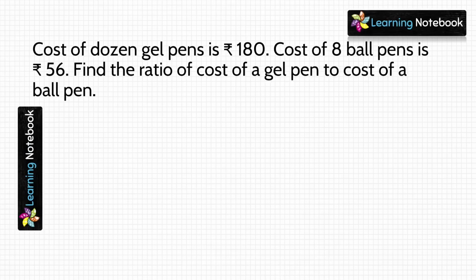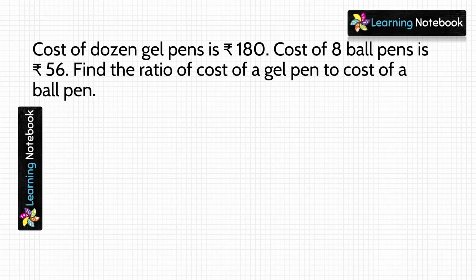Now let's do a different question. Cost of a dozen gel pens is rupees 180. Cost of 8 ball pens is rupees 56. Find the ratio of cost of a gel pen to cost of a ball pen.